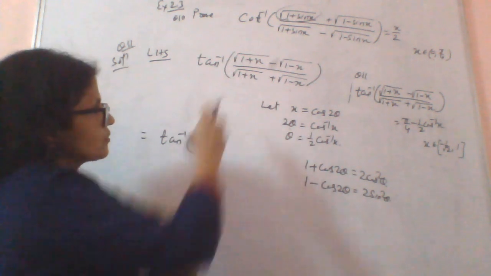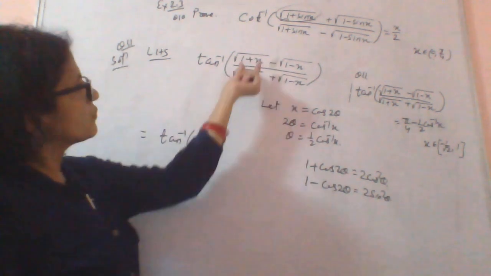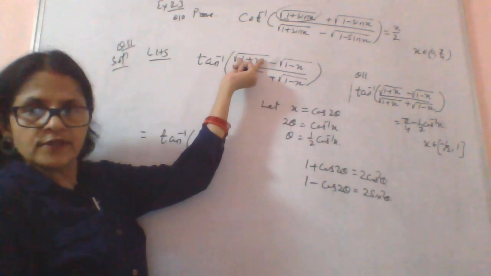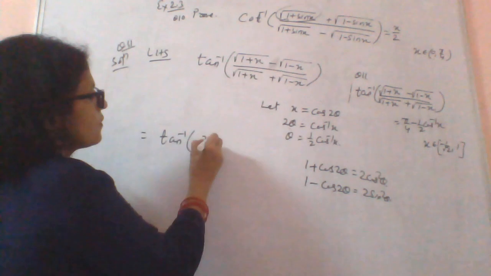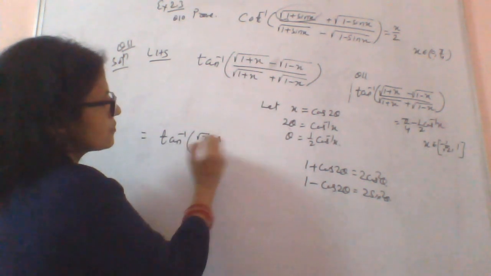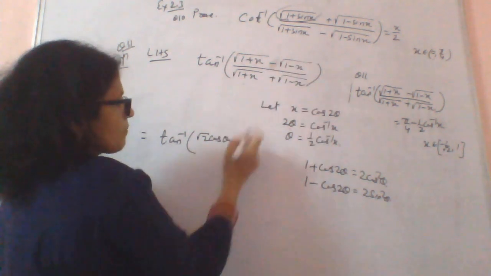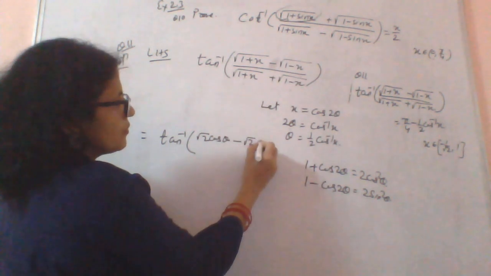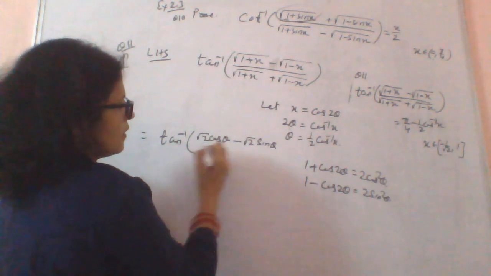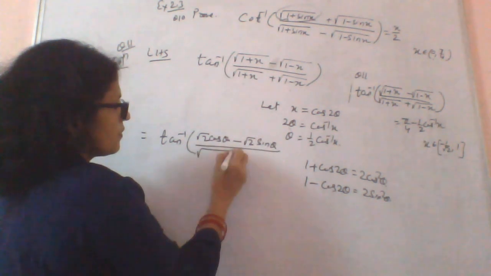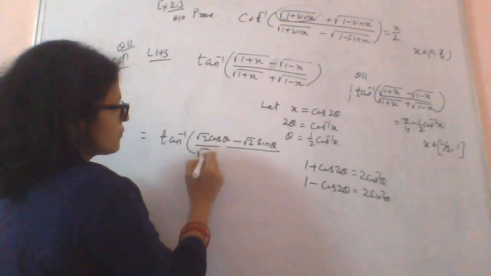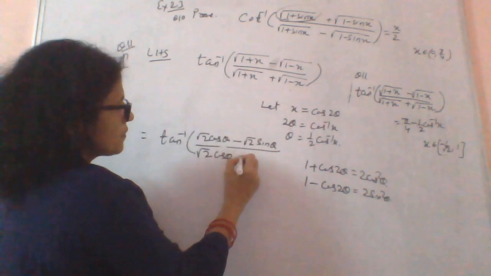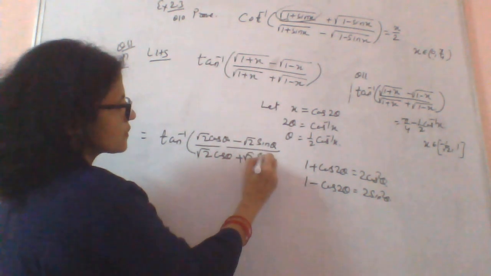We know it. So here 1 plus cos 2 theta means it will be 2 cos square theta, means under root 2 cos theta minus root 2 sin theta, divided by root 2 cos theta plus root 2 sin theta.